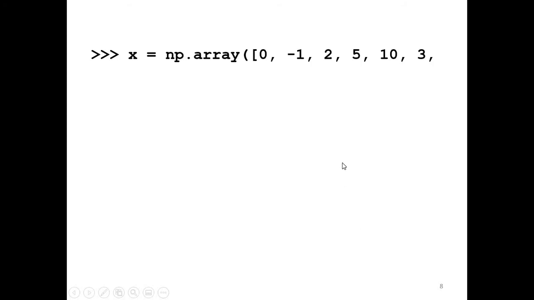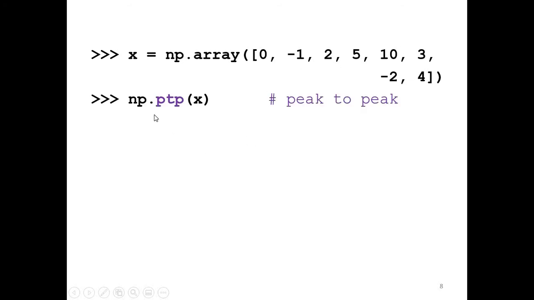Well, now consider this array where you have certain numbers, some negative and some positive. So now you write np.ptp(x). PTP means peak to peak. Often you use it when you deal with electrical signals, when you want to know the peak-to-peak value of the signal.